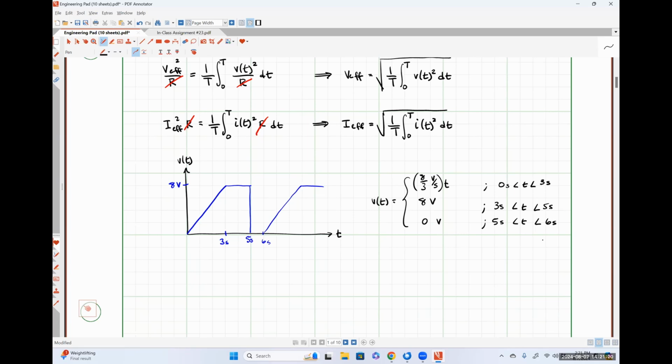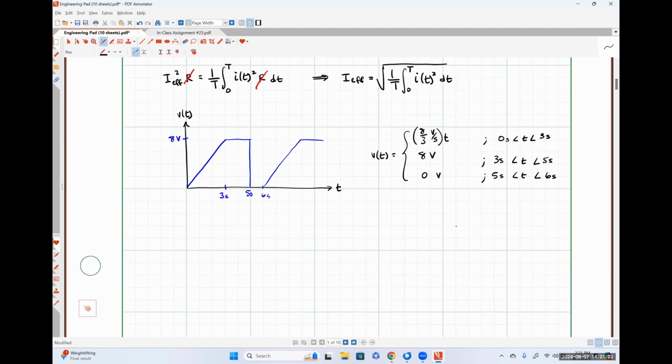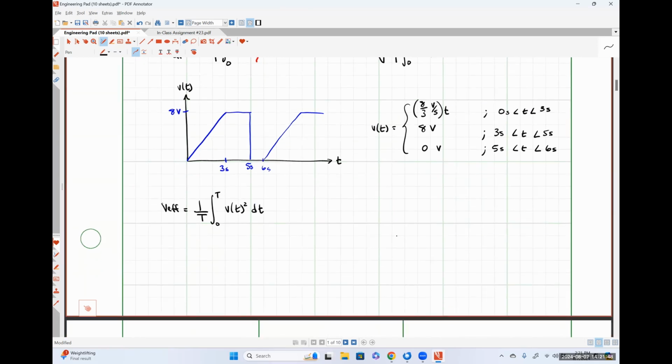So if we want to find the effective value of this thing, we need to, using the equation from before, effectively divide by our period, integrate over one period, and the signal that we are integrating is the square of our voltage, right?